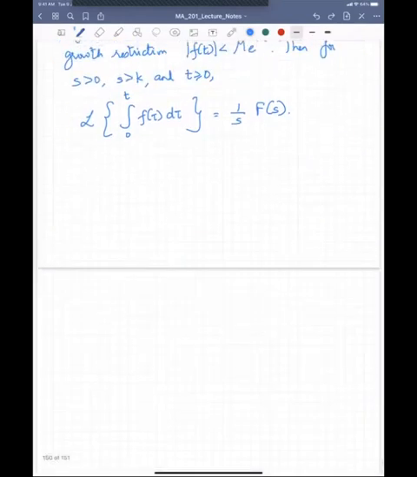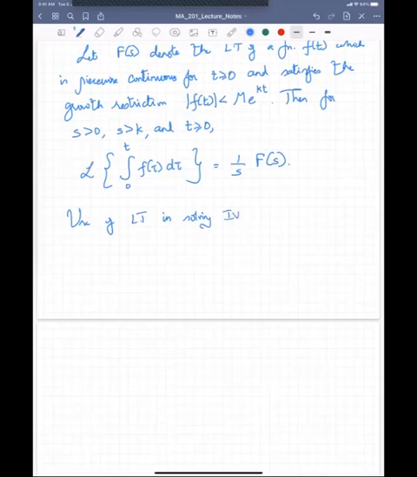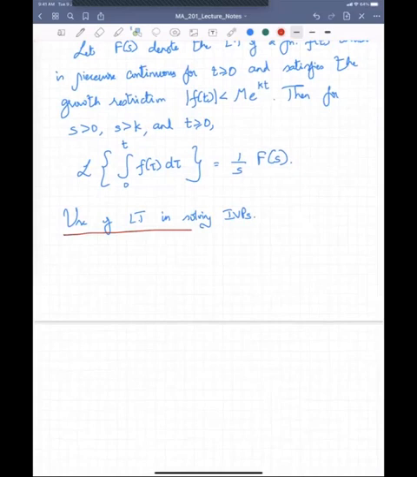So for our purposes now, we want to move on to understanding how to use Laplace transforms. So, the use of the Laplace transform in solving initial value problems. This is the major thrust of today's lecture.